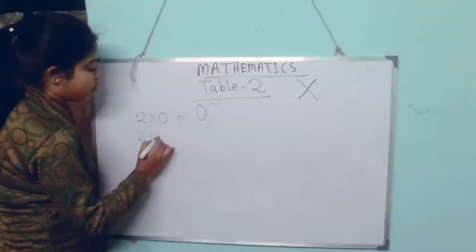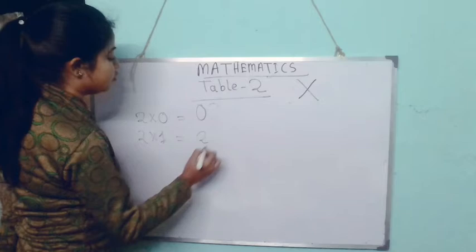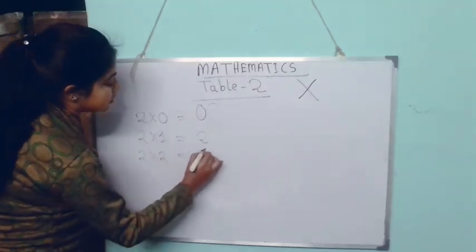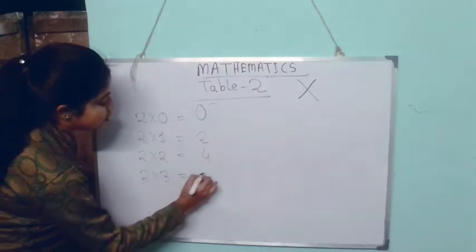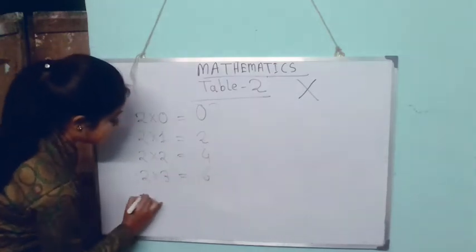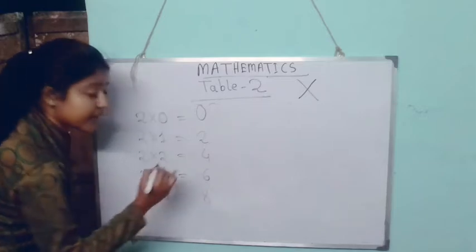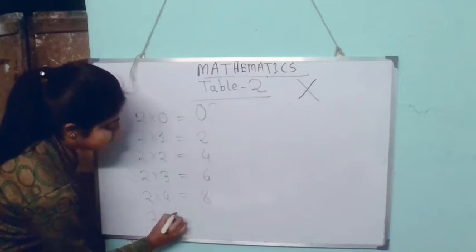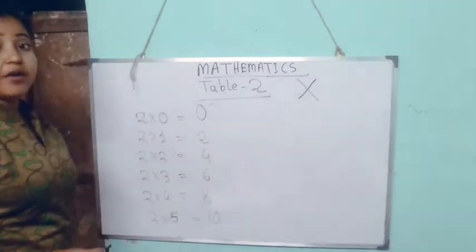Then 2 into 1. 2 1 is 2. Then 2 into 2. 2 2's are 4. 2 into 3. 2 3's are 6. 2 into 4. 2 4's are 8. 2 into 5. 2 5's are 10. How will you do this?